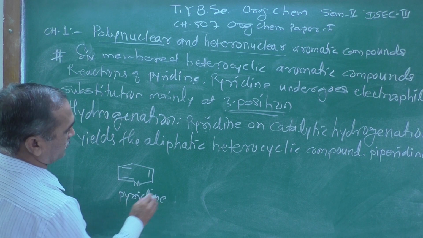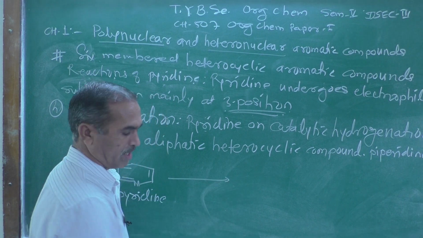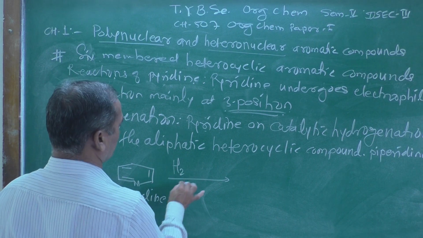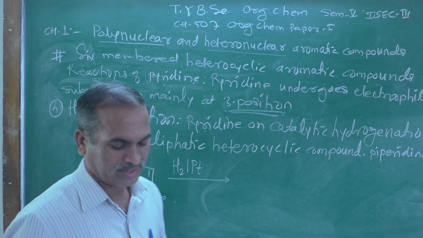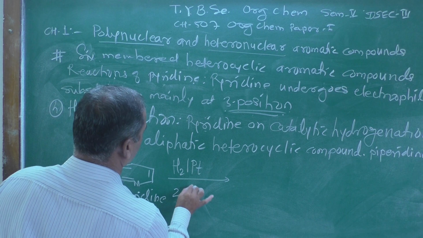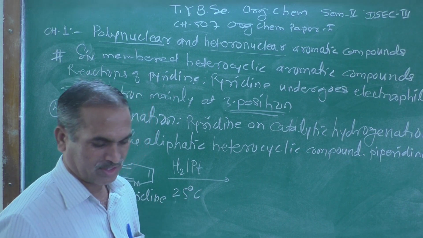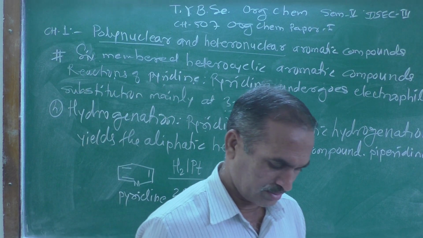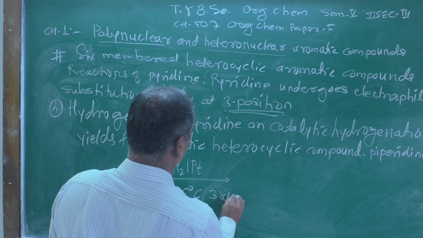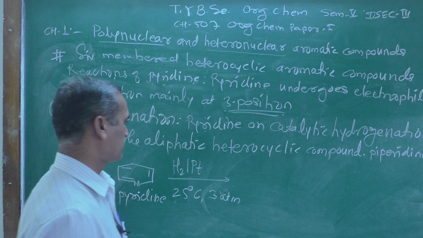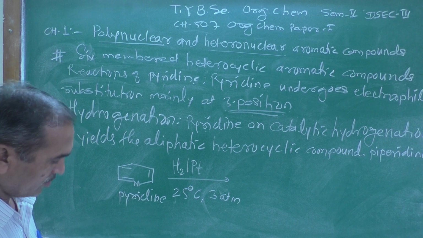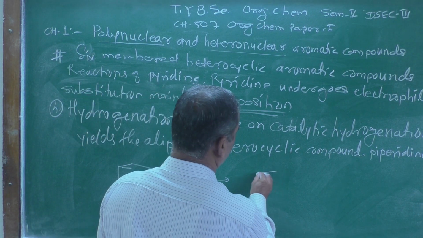Now, when it is treated with a reagent like molecular hydrogen, H2, in the presence of platinum, at a temperature of 25 degrees centigrade, which is room temperature, and a pressure of 3 atmospheres, by maintaining these reaction conditions you get the product you can see here.